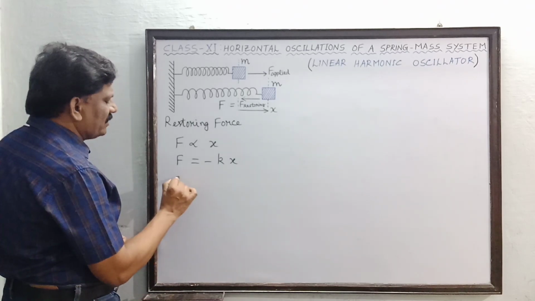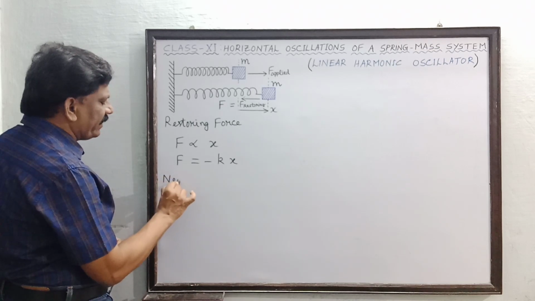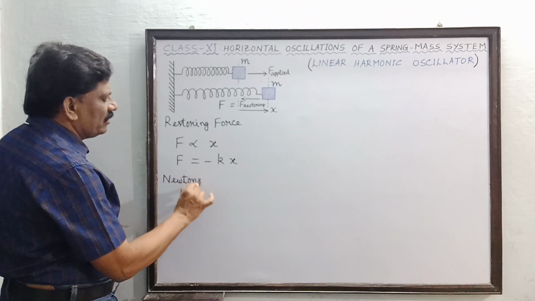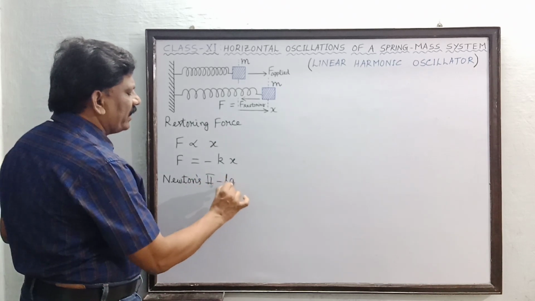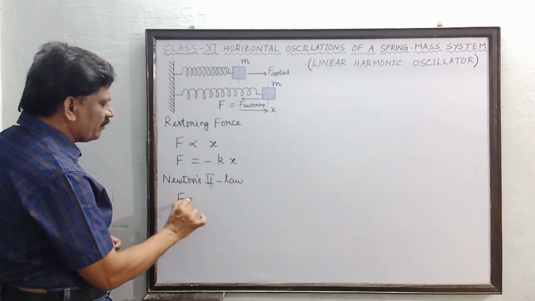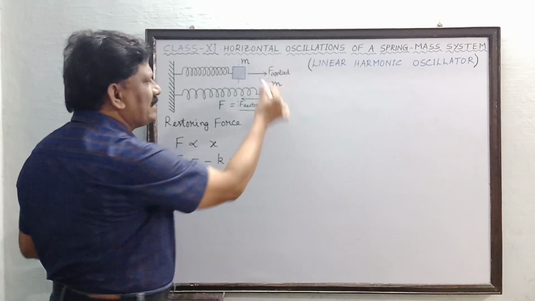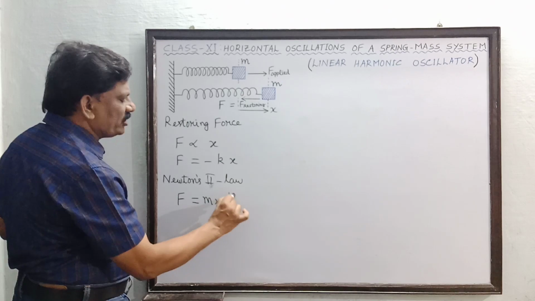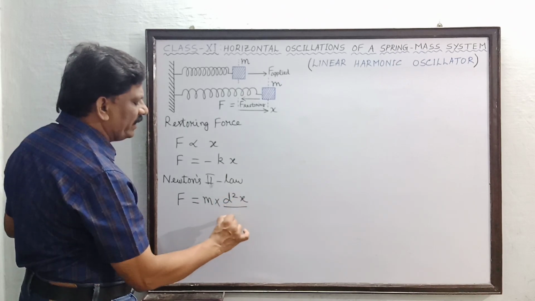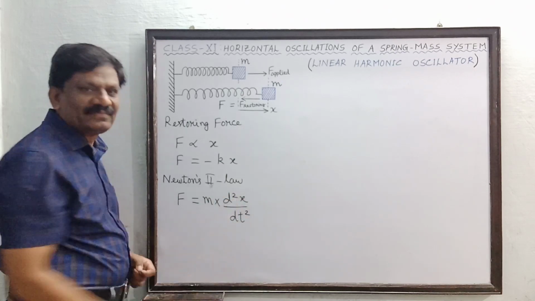F is also, from Newton's second law, equal to the mass of the wooden block m into its acceleration, that is d square x by dt square.